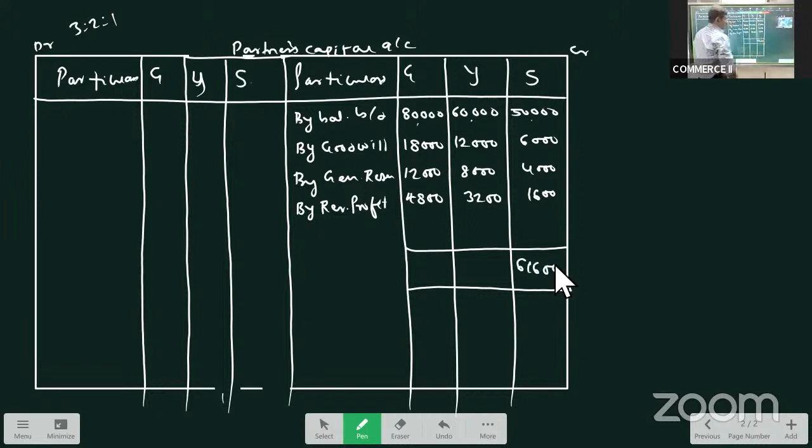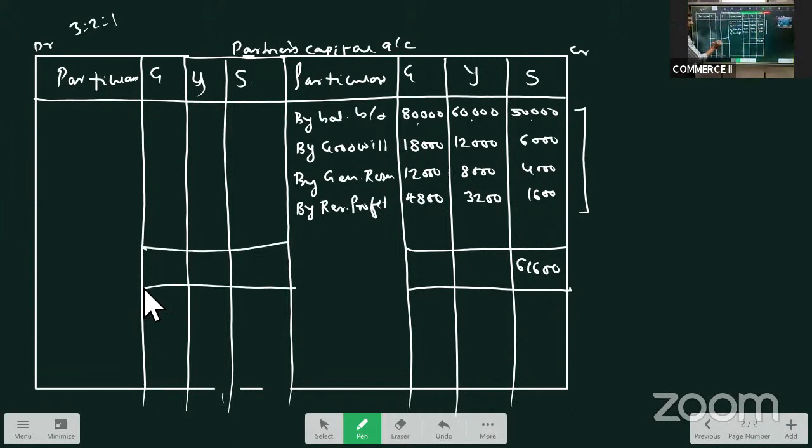So in this case, Saraswati is retiring, and the total amount due to Saraswati by the firm is 61,600. So this 61,600 we have to transfer to a separate account called Saraswati loan account. If it is paid immediately, we don't have to transfer it to loan account. But if it is not paid, it has to be transferred to loan account.